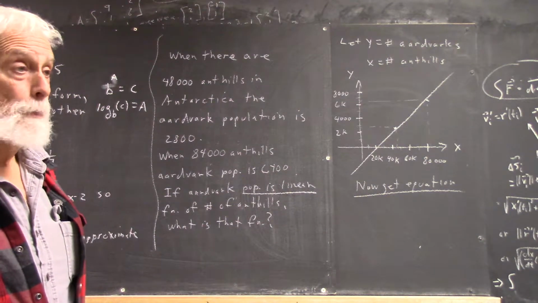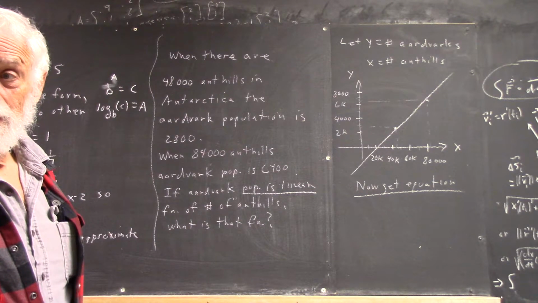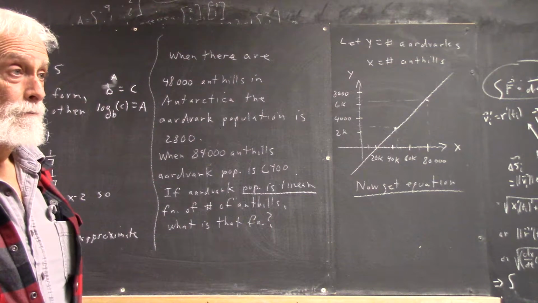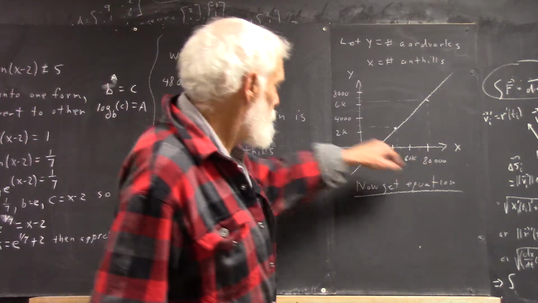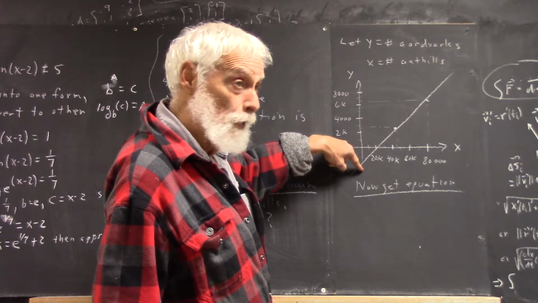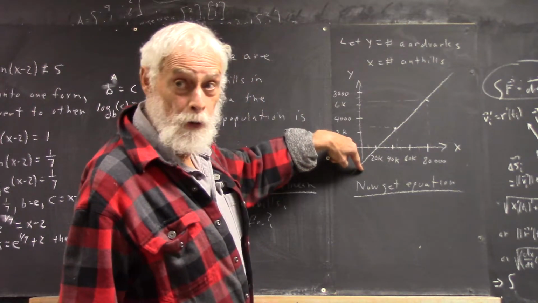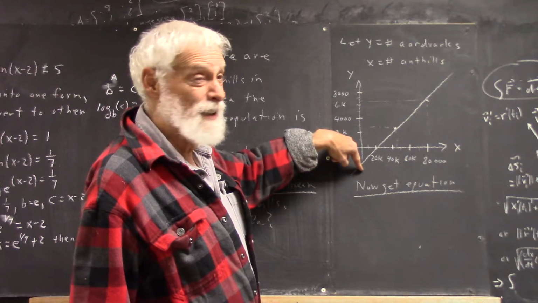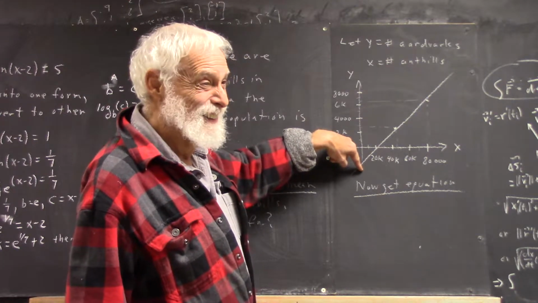Just give me a ballpark number. Well, if there are no anthills, that means X is 0, and you have a negative number of aardvarks. So you got a bunch of anti-aardvarks running around Antarctica. Anti-aardvarks in Antarctica, negative 2,000.